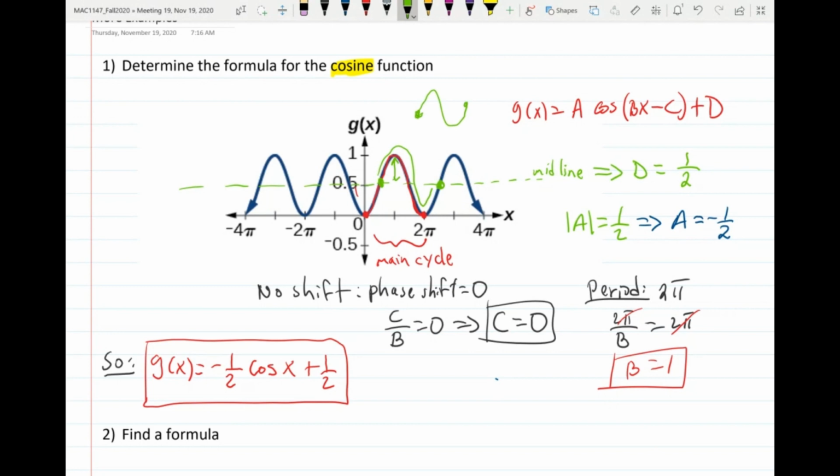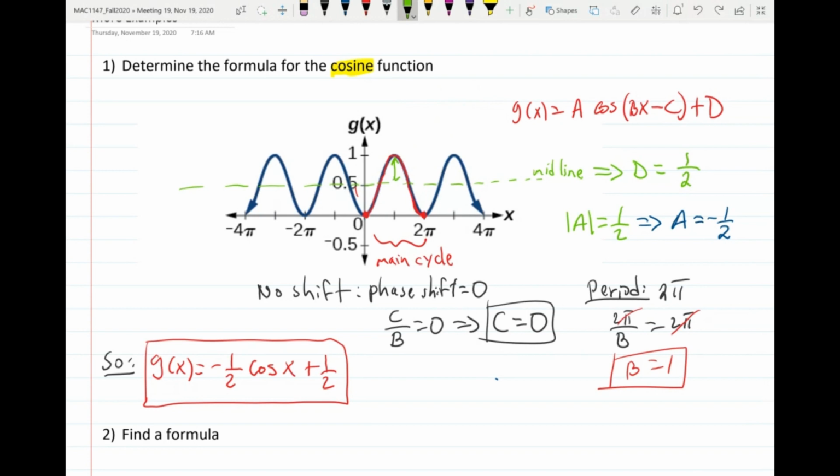You can pick that as your main cycle, but then you need to know the beginning and the ending, and it's not clear what this is. The problem is not telling us what this is, so using sine is not a good choice. But instead, cosine was good, because using the cosine shape, we could tell immediately what those values were. Okay.